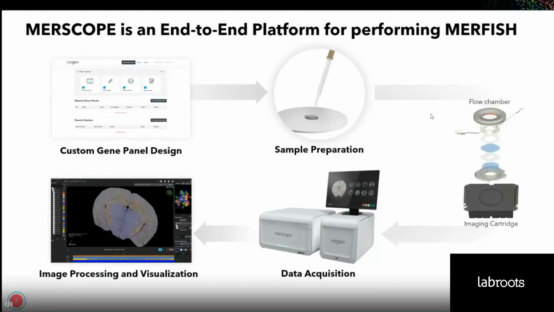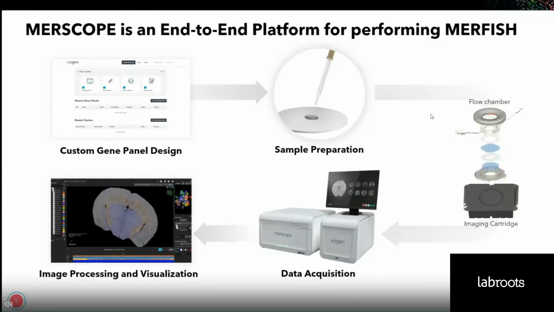From there, Vizgen will manufacture that panel and ship it to you for use with our comprehensive suite of reagents and assays within the sample prep workflow to prep your samples for downstream MERFISH analysis. We combine those two components on the software and consumables side with our MERSCOPE instrument, which automates the sequential rounds of imaging and the data acquisition that are necessary for generating the MERFISH detection.